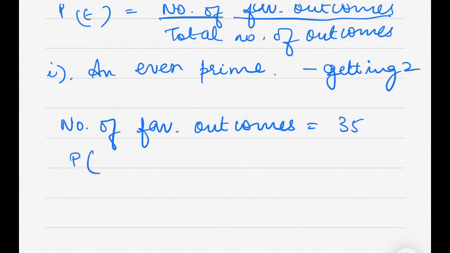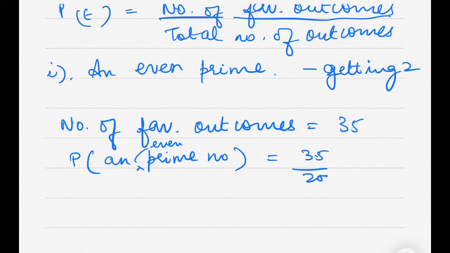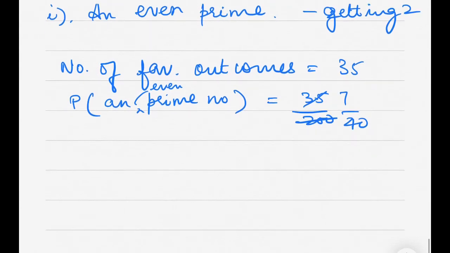The probability of getting an even prime number will be equal to 35 by 200. So my answer, I can divide by 5, will be 7 by 40.